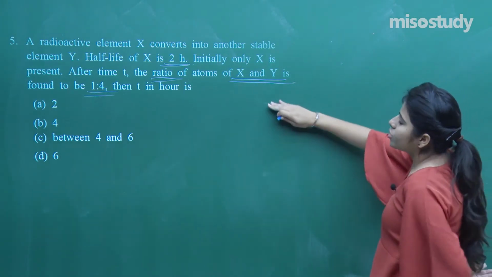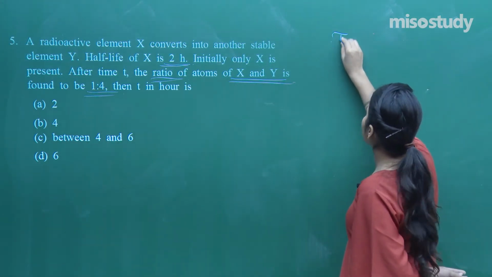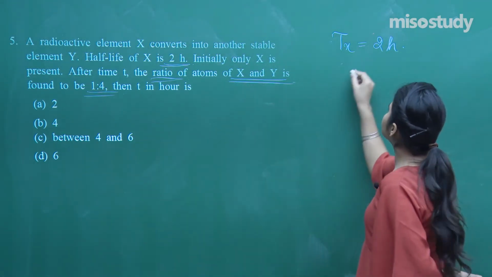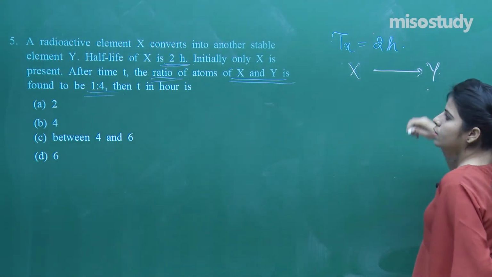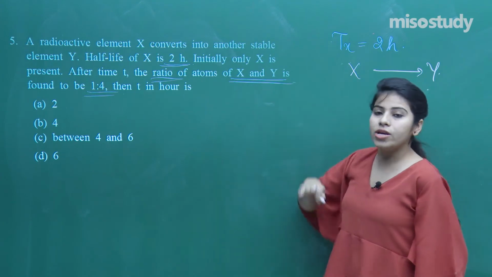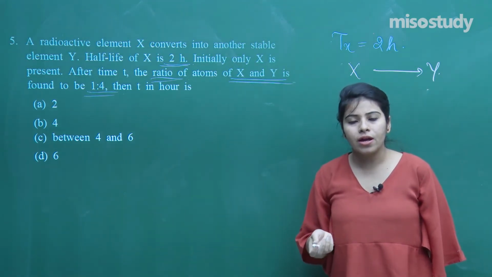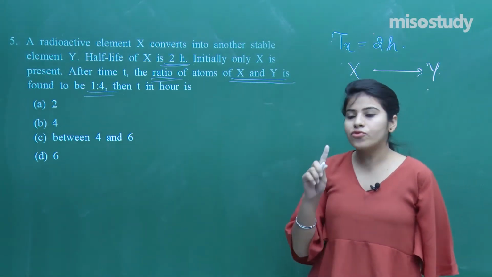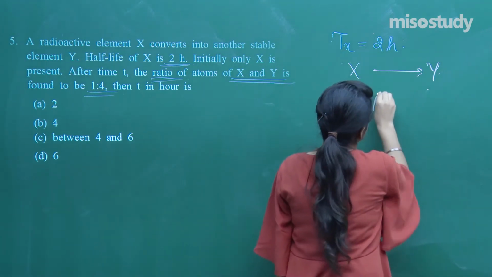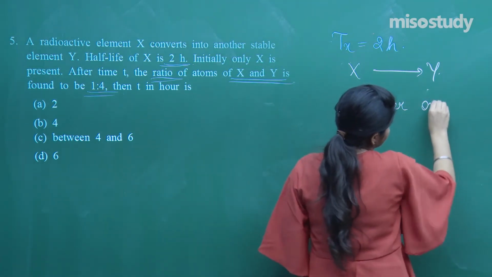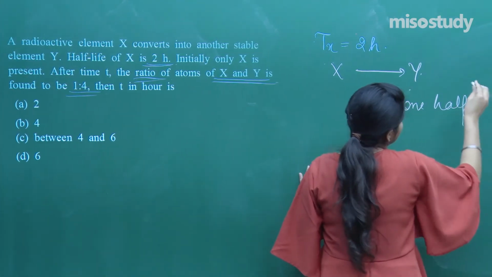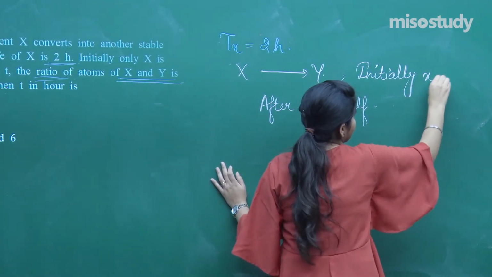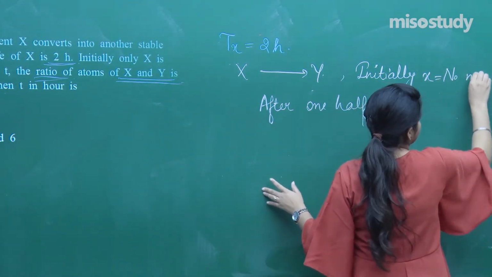We have been given the half-life of X, T of X is 2 hours, and X is being converted into Y. Initially only X is present, so definitely only X will be there. After time t it is going to decay into Y. Suppose initially X has N naught number of atoms.